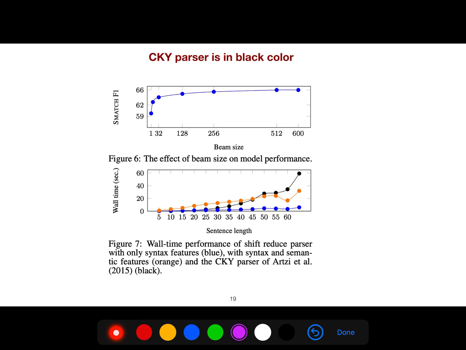This is syntax. The syntax is better than when it is both syntax and semantics, which is this color. But the worst is this CKY parser. I mean, the wall time is high, so we want to learn it.